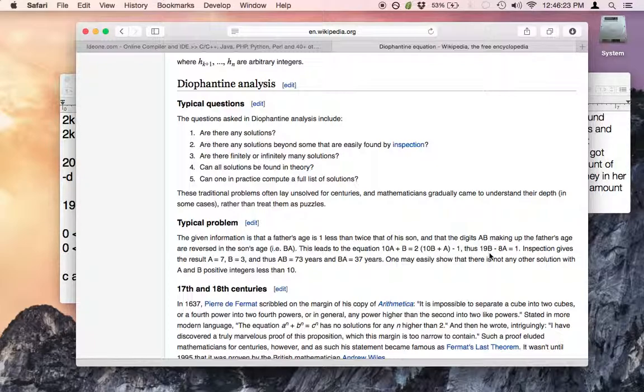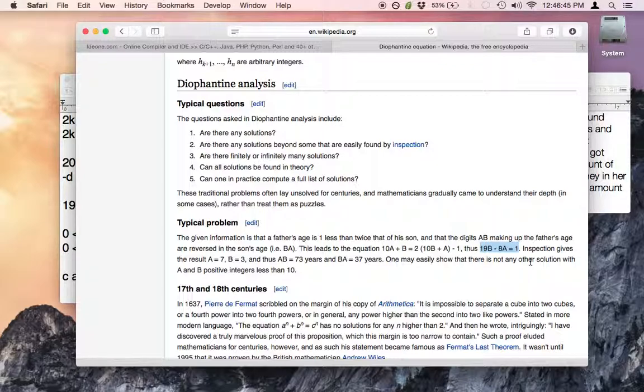Now, one approach to solving these kinds of problems is called inspection, and that basically just means simplifying your equations and looking at them and trying to figure it out like a puzzle. If you look at this little equation right here, 19B minus 8A equals 1, if you think about that for a while, the answer may just pop into your head.